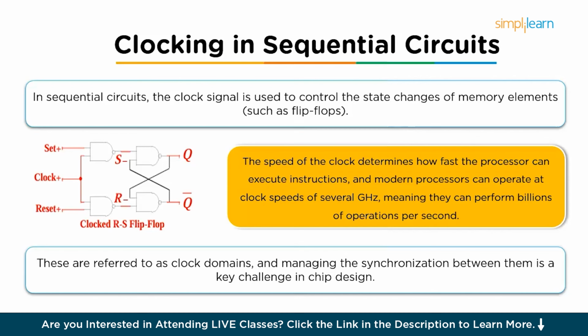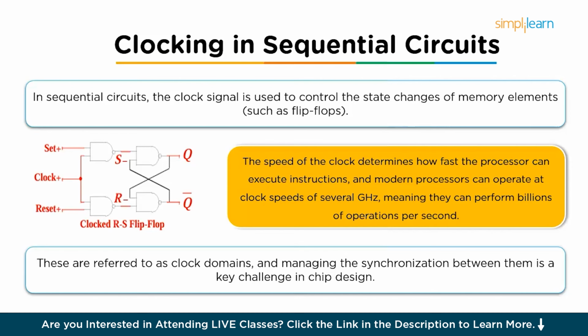So, in conclusion of this module, we explored the essential concepts of building circuits, focusing on combinational circuits, sequential circuits, and clocking. Combinational circuits made from basic logic gates are used for mathematical operations and decision-making tasks, while sequential circuits include memory elements like flip-flops that allow circuits to store and use past data.